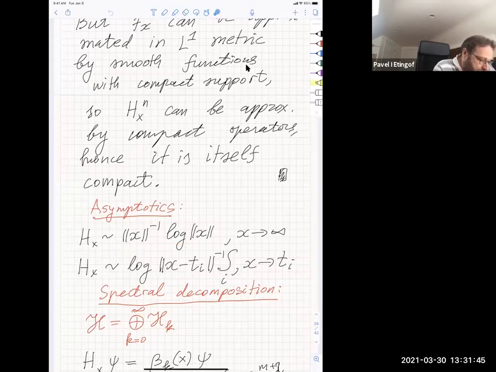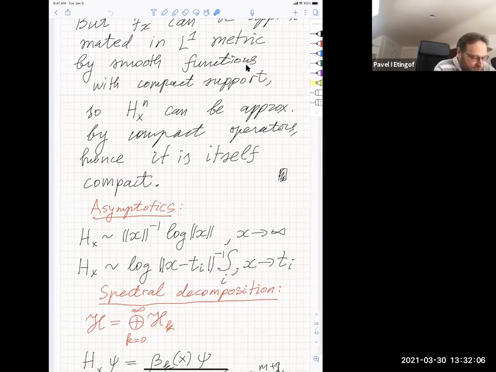And there is a similar asymptotics at the point ti. There is no norm of x there because hx is a minus 1/2 density, but we identified it with functions by multiplying by a product of ti minus x to the 1/2. And so that's why you don't have this factor.